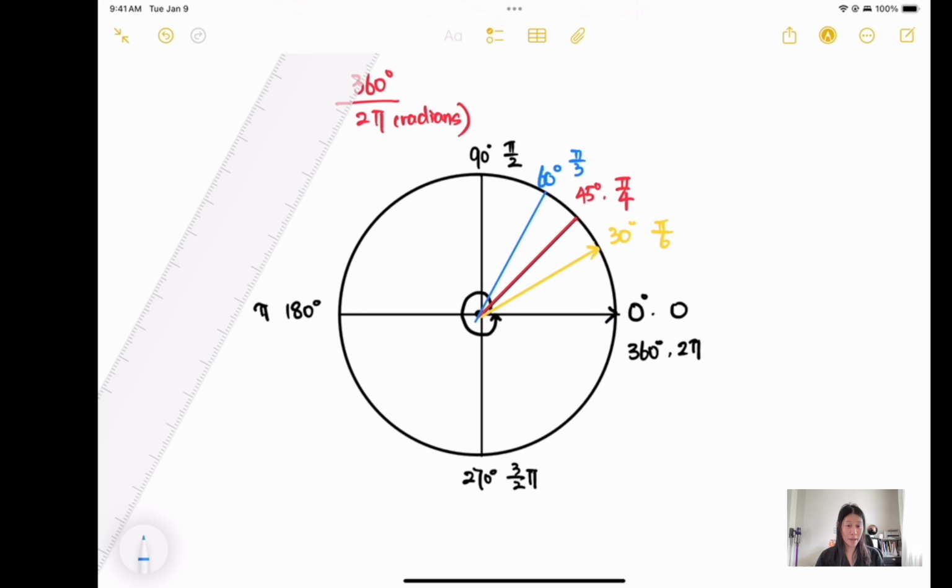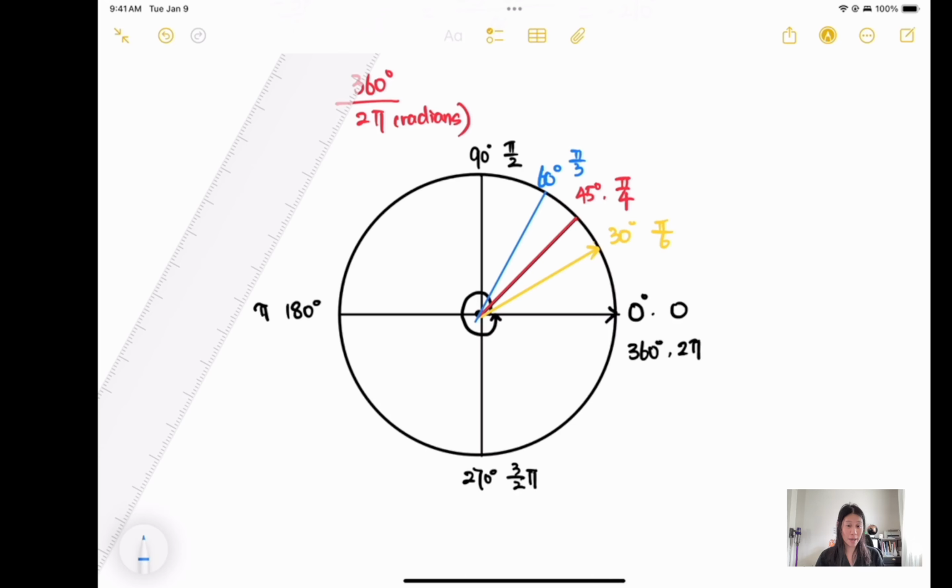And from our chart, we know that 90 degree is pi over 2 and 30 degree is pi over 6. So when we add this together, it's equal to 4 over 6 pi. Simplify it, it is 2 pi over 3. So 120 degree is equal to 2 pi over 3 radians.